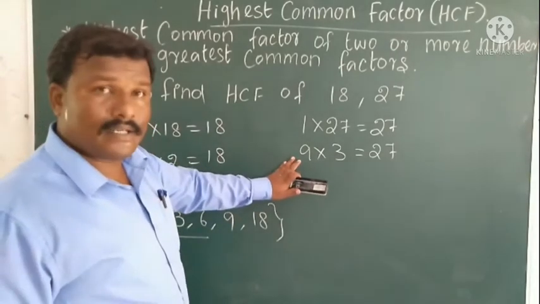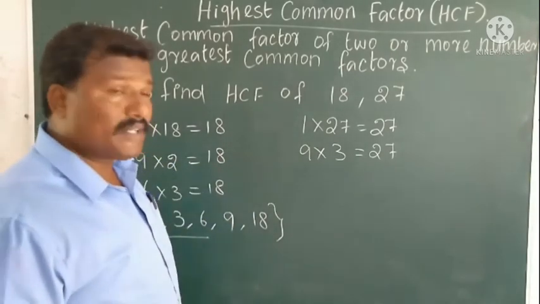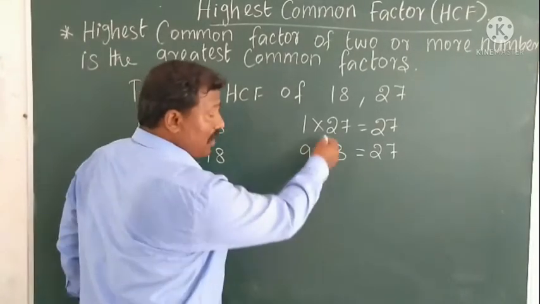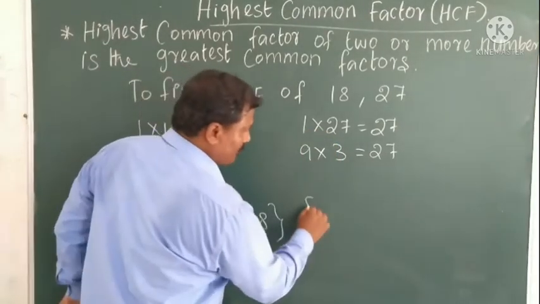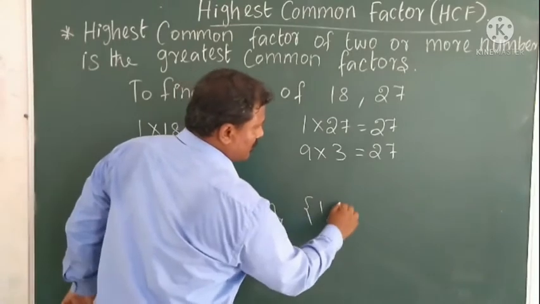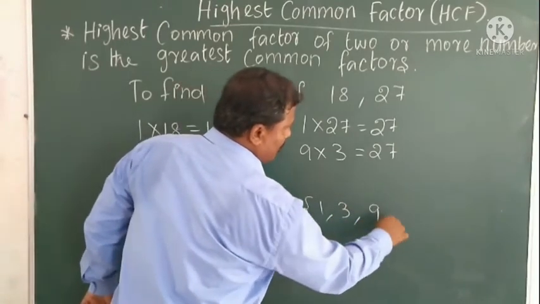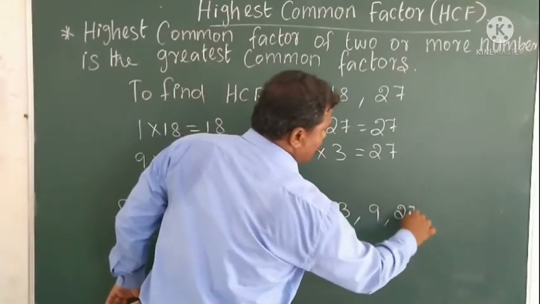I think only these are the factors. Let me collect and write all the factors in ascending order: 1, 3, 9, 27.